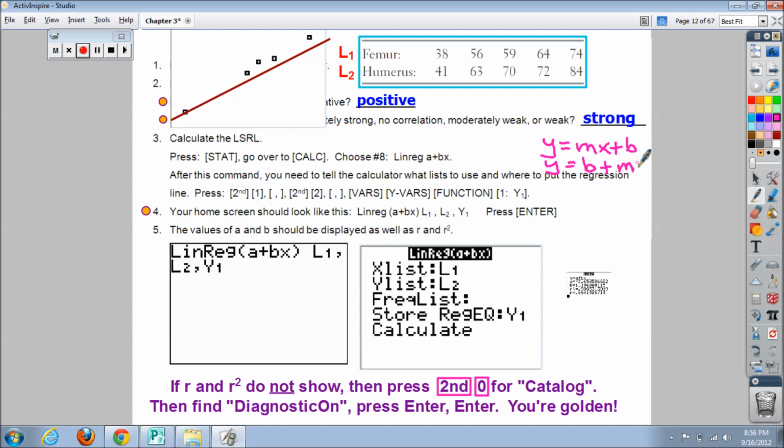We switch around the y-intercept and the slope. Now there is another option, LinReg ax plus b, which I think is somewhere up above 8. But for whatever reason, statistics usually doesn't use that form. I don't know why. I think it's kind of crazy. But we're going to go with this form, where the y-intercept's first and then the slope.